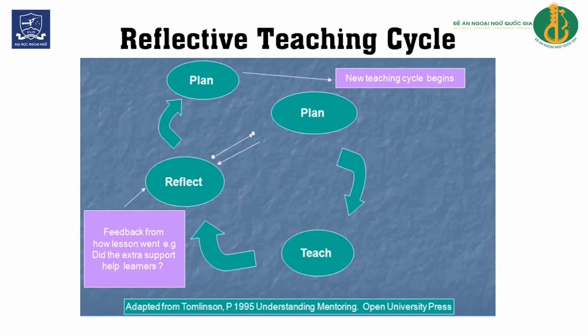This cycle goes like this. First, you plan the lesson. After that, you use your plan to teach the lesson. After teaching, you can reflect on your own lesson, and you can use this reflection and feedback to replan the old lesson or plan the new lesson. The new teaching cycle begins.